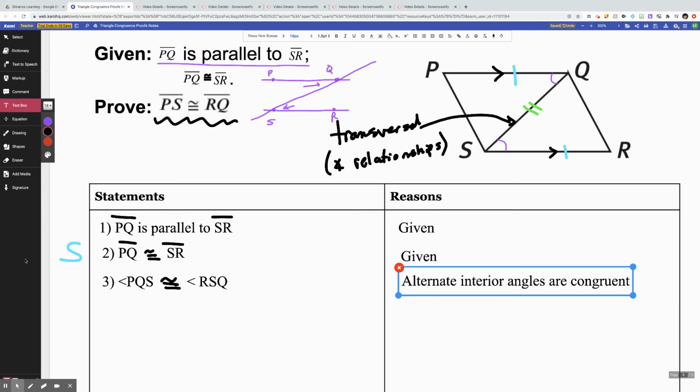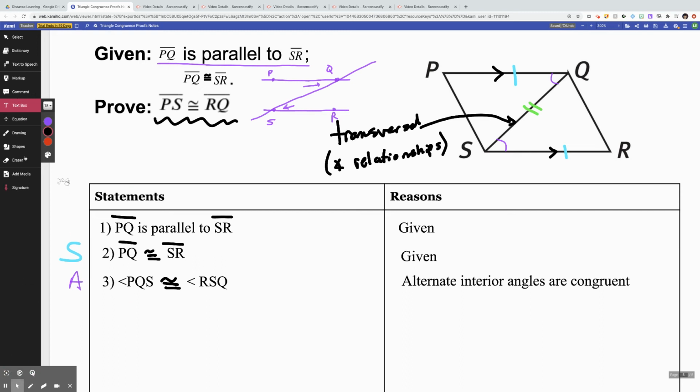So now I have an angle. And then my last side would be QS is congruent to itself.